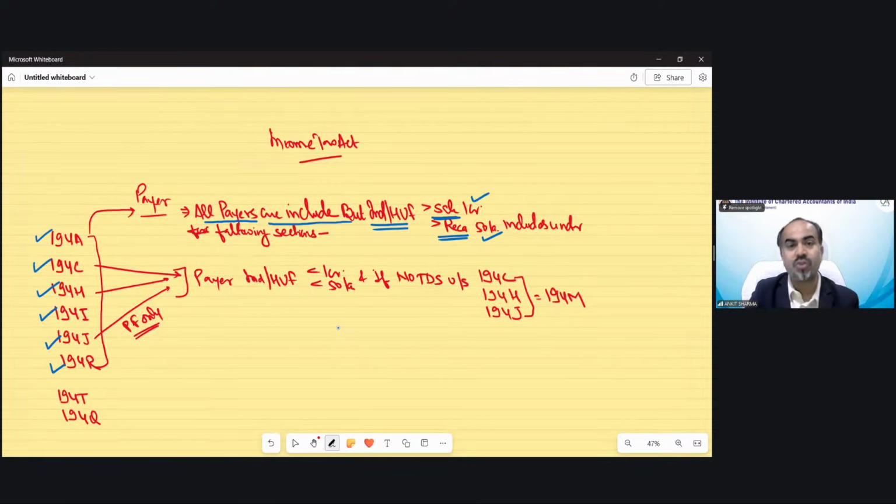So those individuals and HUF who do not satisfy this criterion cannot deduct TDS under these 6 sections of TDS.